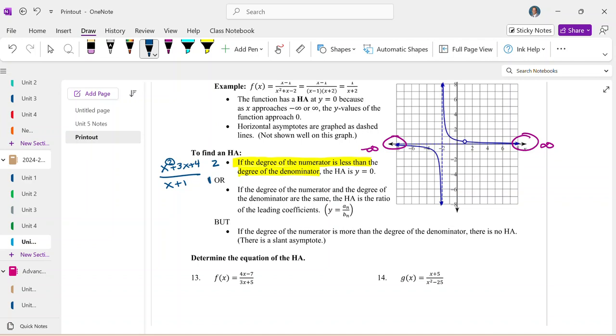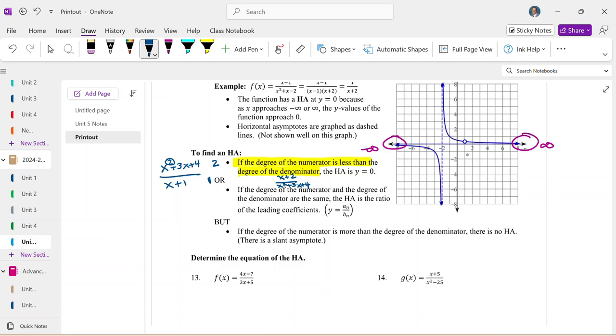The degree of the denominator is 1. So this would not be that situation. So if the degree of the numerator is less than the denominator, so like for example, if you had x plus 2 over x squared plus 3x plus 4, then the horizontal asymptote is automatically y equals 0, the x-axis.